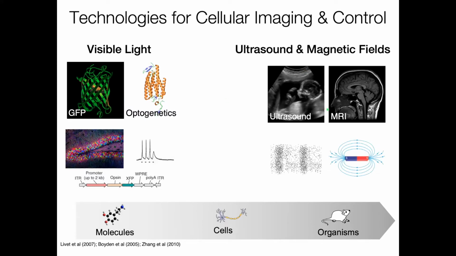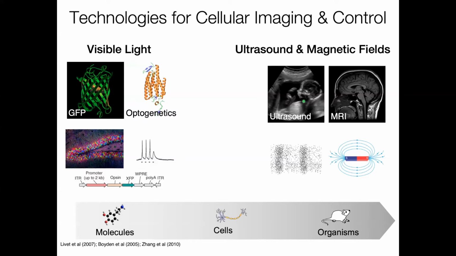And we all know that there are forms of energy like sound waves and magnetic fields that can get in and out of tissues much more easily, giving us technologies like ultrasound and magnetic resonance that give us beautiful pictures like these ones of the developing fetus or the human brain. And the challenge is that while these technologies really excel at anatomy and some aspects of physiology, they haven't been connected as well to the function of specific cells.